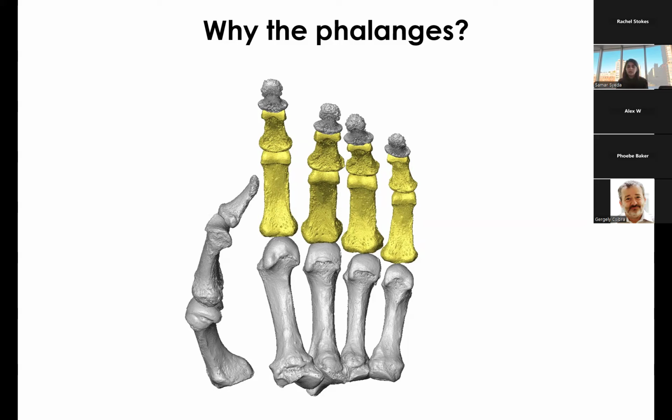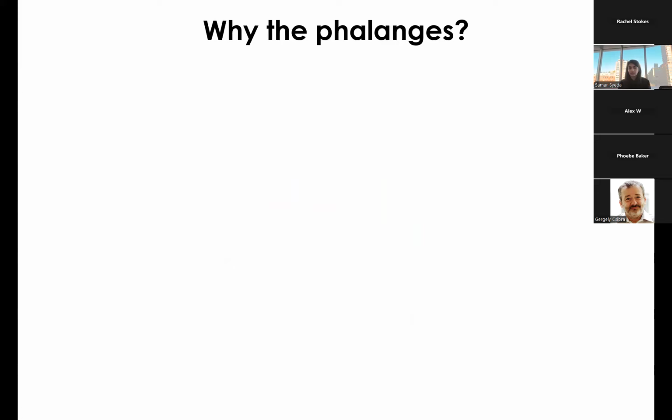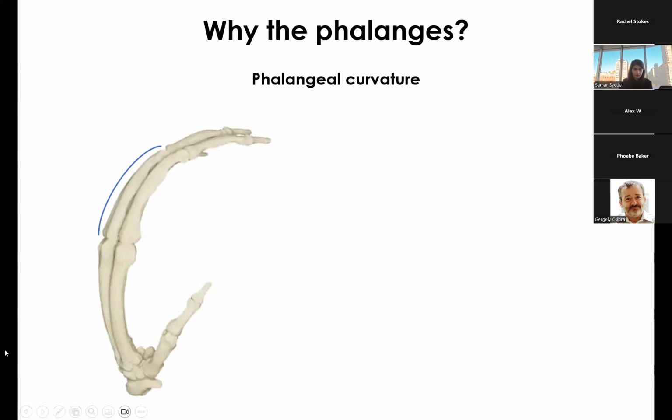But when we look at studies of the hand, studies on the phalanges are comparatively lacking when you compare them to the wrist or the metacarpals. That being said, there are certain aspects of phalangeal external morphology that have been studied. The most studied aspect of the phalanges is actually phalangeal curvature, essentially the angle of the phalanges.